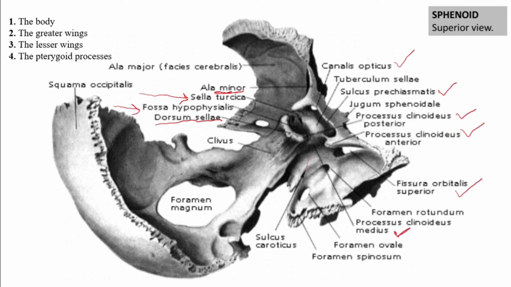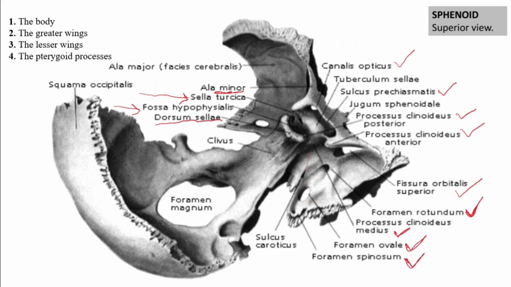I showed you in the previous picture the superior orbital fissure, fissura orbitalis superior, here. Let's go down to the next, the round foramen, foramen rotundum, this one. Going down again, you see the oval foramen, foramen ovale.